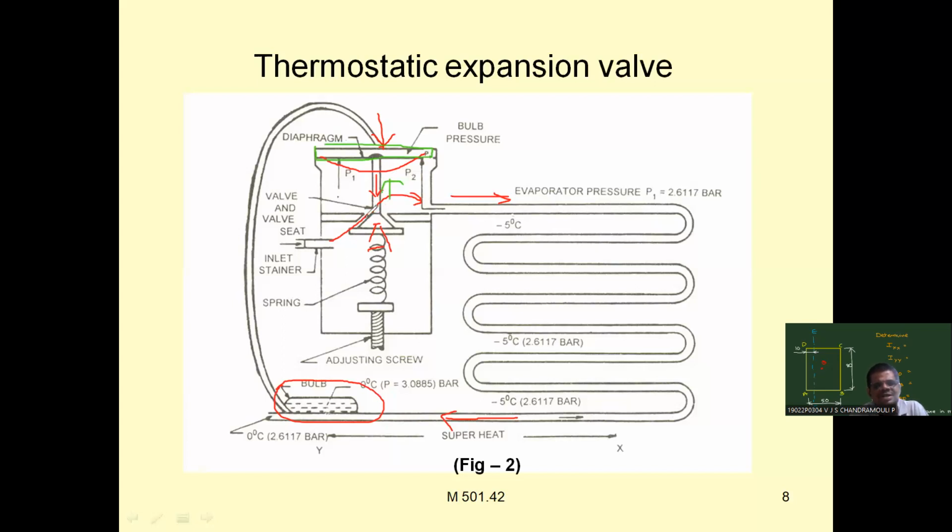When it moves upwards, this opening is reduced, so that a minimum quantity of fluid is sent into the evaporator. That's why, depending upon the load, this thermostatic expansion device sends the required quantity of refrigerant into the evaporator. So this is the construction and working of this thermostatic expansion device. Is it clear for you?